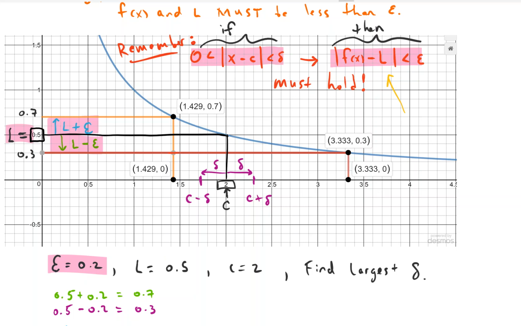Well, the first thing we have to note is that we don't know what delta is. We've got to find a delta that makes all of this true. And not just a delta, but we've got to find the largest delta that makes that true. So looking at our picture, we can see a bunch of deltas down here.